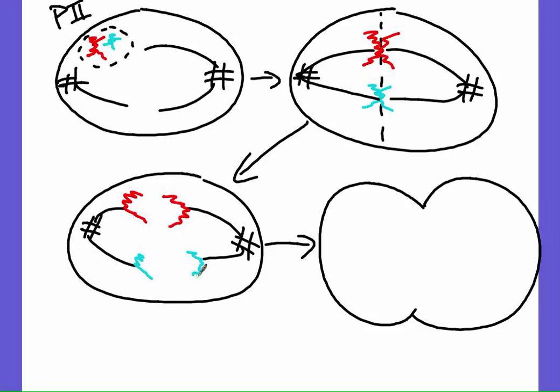And so in my last cell, that telophase cytokinesis combination, I'm going to have one of each chromatid, one red, one light blue. Red's still a little bit longer than light blue, so I can still kind of tell the difference even if I'm not coloring. On each side.